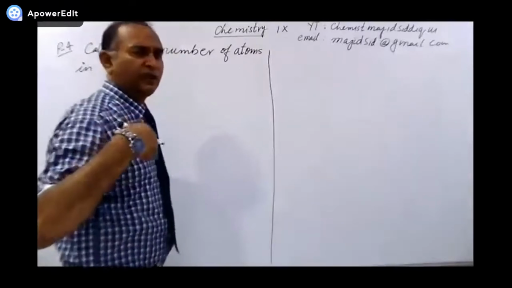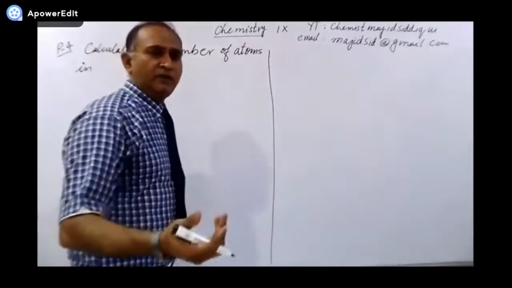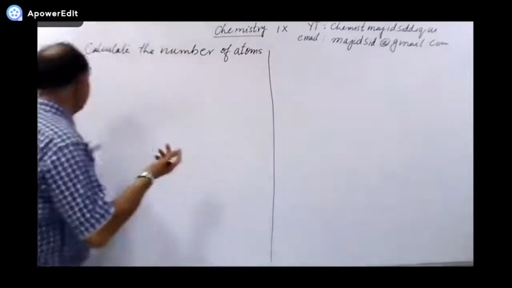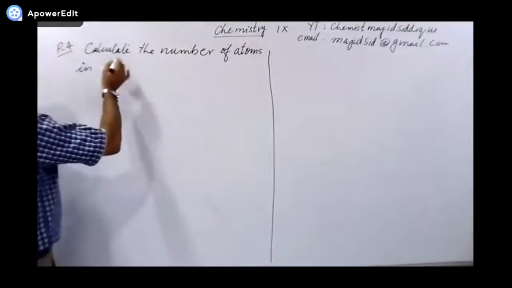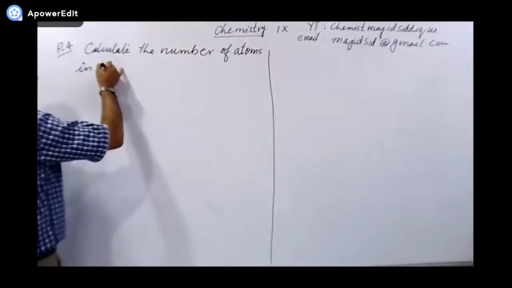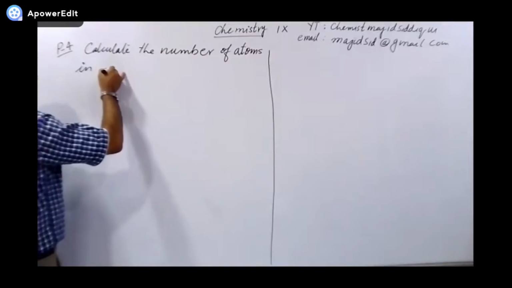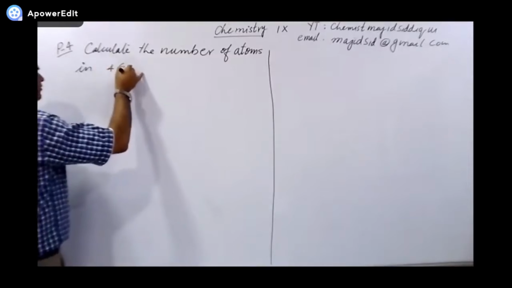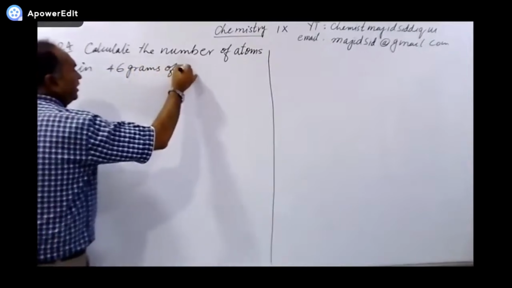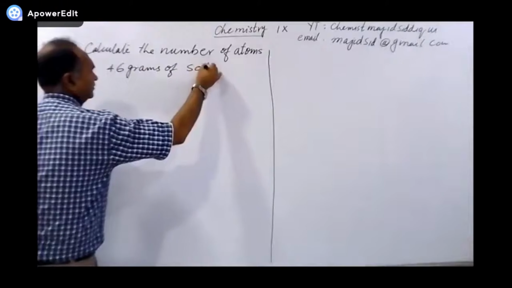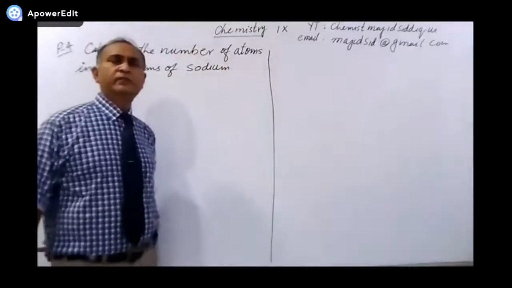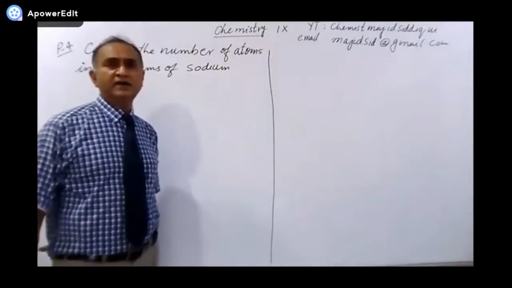Last time we had an example of a compound, but today we start with an element. Like you can take sodium in 46 grams of sodium. What is the symbol of sodium? Na. Right.